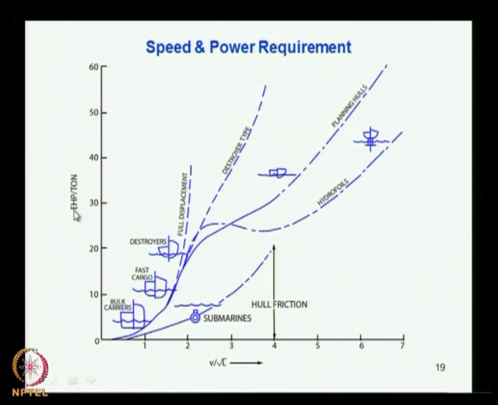Effective horsepower per ton requirement is plotted here against the speed. When the speed goes beyond a limit for a displacement vessel, the power requirement shoots up drastically, asymptotically, and it becomes difficult for a displacement vessel to achieve high speed.